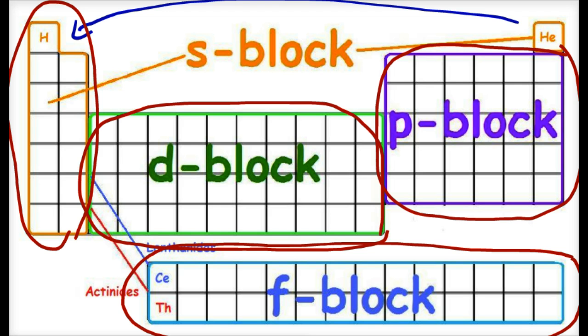Now, it's important to note that our primary energy levels work like this. For the s's, they're 1, 2, 3, 4, 5, 6, 7. So you would have 1s, 2s, 3s, 4s, 5s, 6s, 7s. The p's start in the 2's: 2, 3, 4, 5, 6.